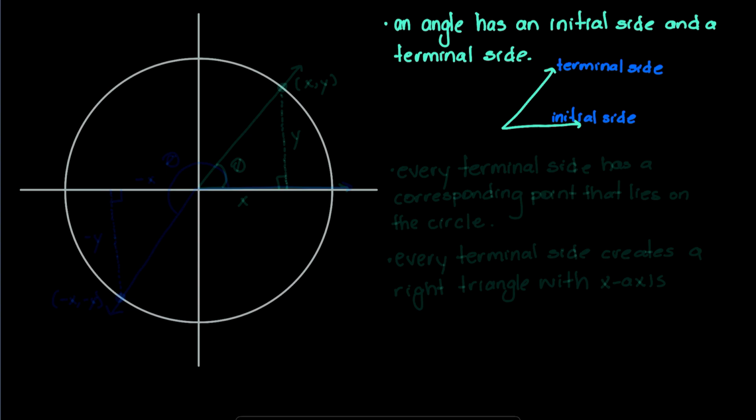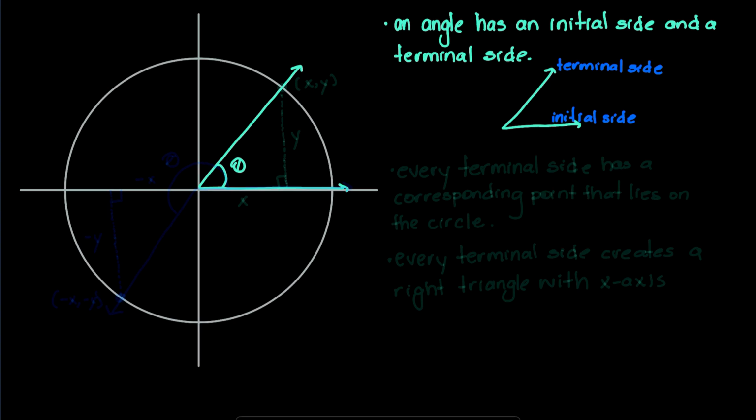Okay, when we see our unit circle, it is made up of angles. The initial side always lies on the positive x-axis, and then the terminal side can rotate around the circle. And when it does so, it creates some angle theta.